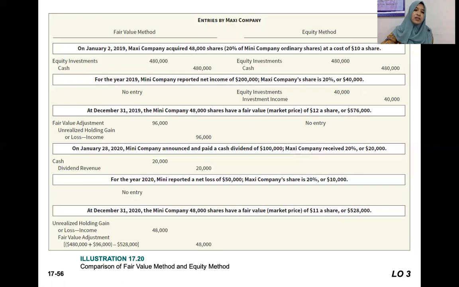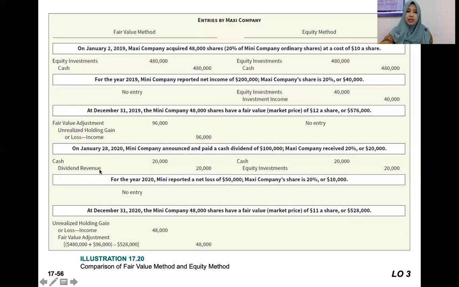Okay. On January 28 next year, the investee announced and paid a cash dividend of 100,000. Maxi company, the investor, received 20%, or 20,000. Dividend we will record under both methods, regardless of fair value or equity method, but differently.